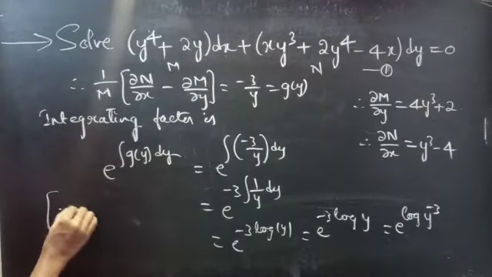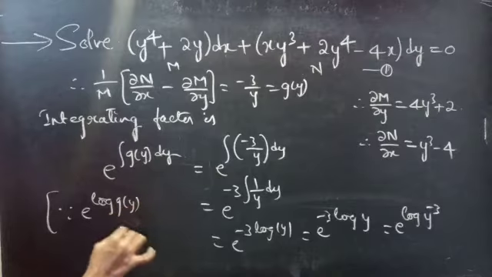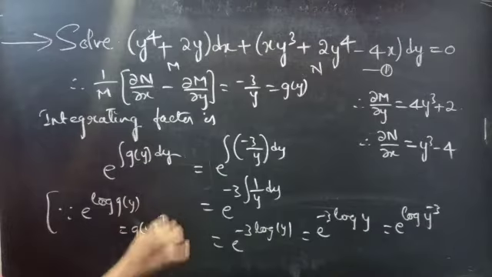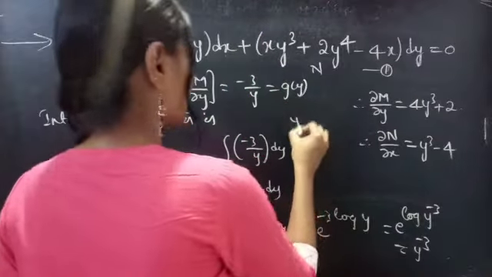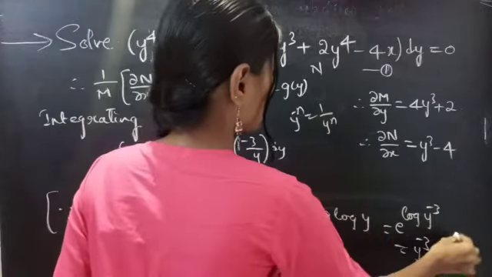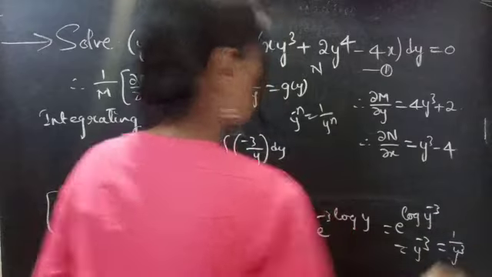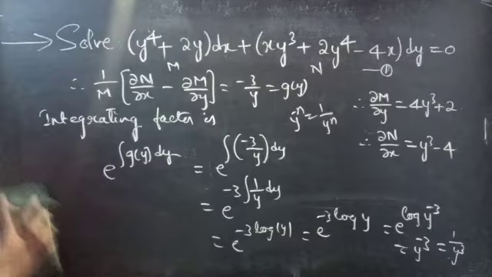Since e power log of some function of y equals that function of y, this equals y power minus 3. We know that y power minus n equals 1 by y power n, so you can write y power minus 3 as 1 by y cube. So here 1 by y cube is our integrating factor.